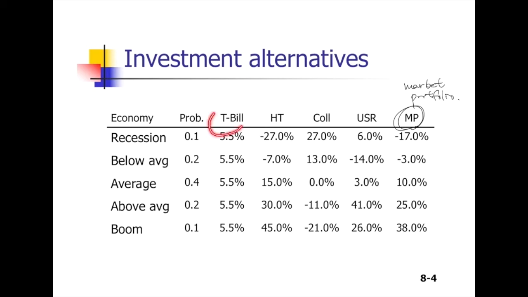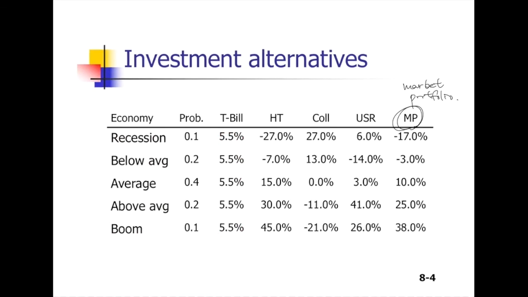And T-bill is the risk-free rate, right? So even though the economic conditions change, it always gives a fixed amount of return, 5.5%, right? And let me introduce these 3 firms. The high-tech company is here, and we can simply understand it as an electronics company.